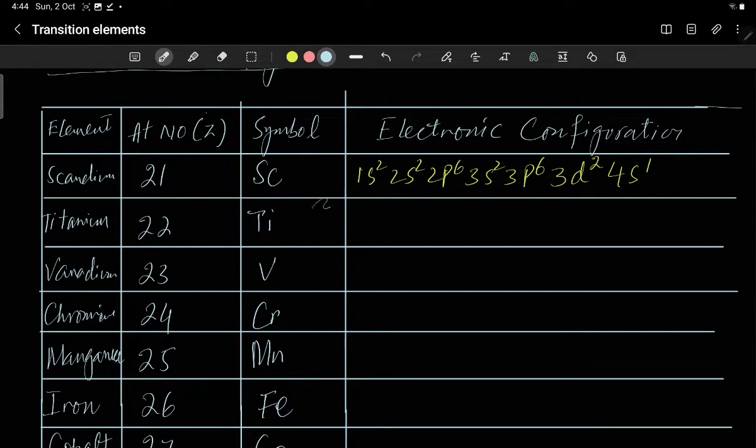So I will explain this later. Titanium is 1s2, 2s2, 2p6, 3s2, 3p6, 3d2 and 4s2.